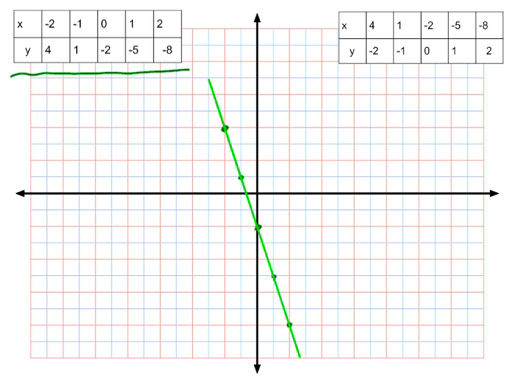And now let's take a look at what the inverse, I'll put that one in red, would look like. We have +4, -2, 1, -1, -2, 0, -5, +1, and -8, +2.